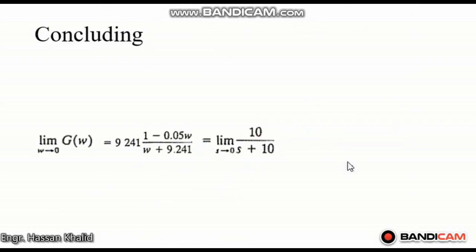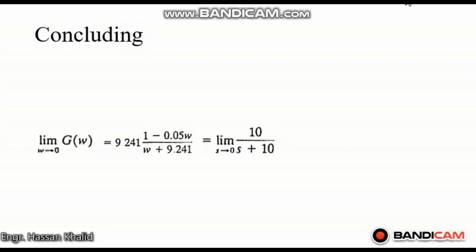Now let's conclude the discussion: the omega plane and the S plane are nearly similar, and if that is true, let's apply the final value theorem. If omega and s both approach 0, their results should be similar.